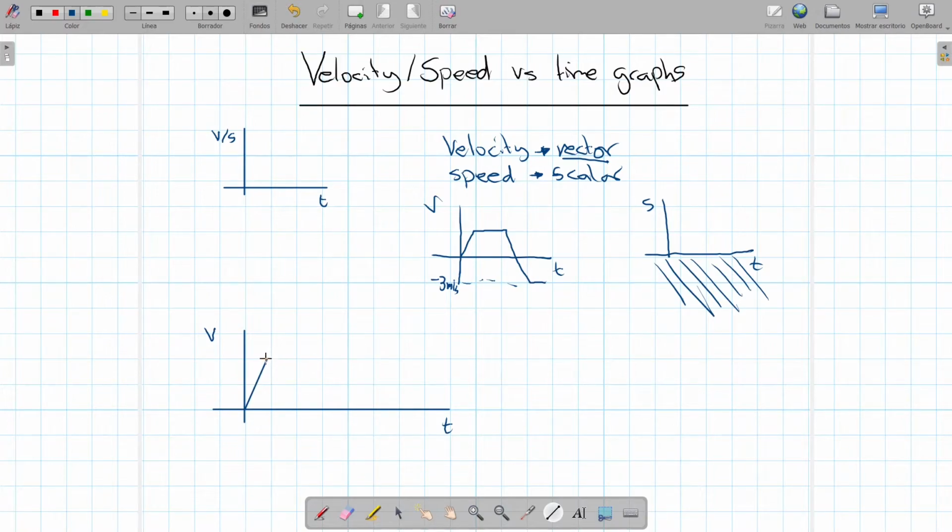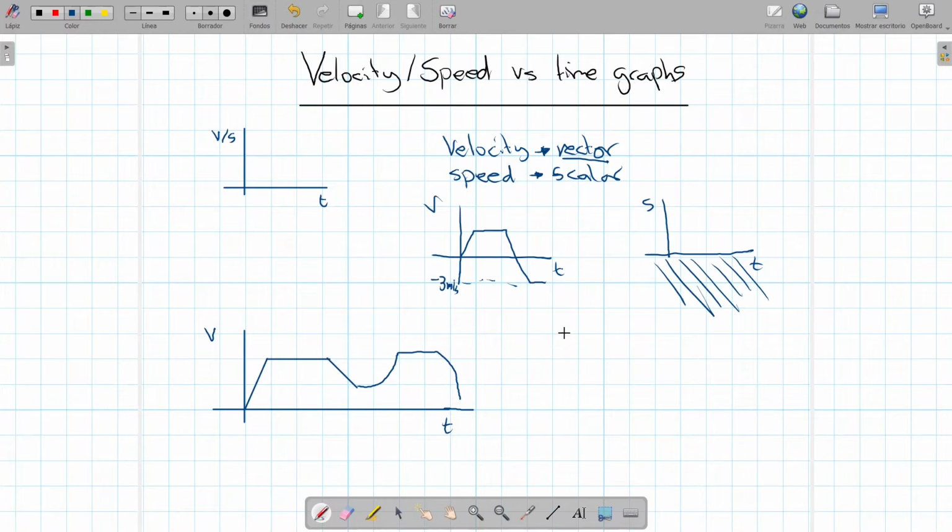We can have a straight line going up, a horizontal line, a straight line going down, or we could have curves both going up and going down. Okay, so we're going to look at these sections and see what each one represents.